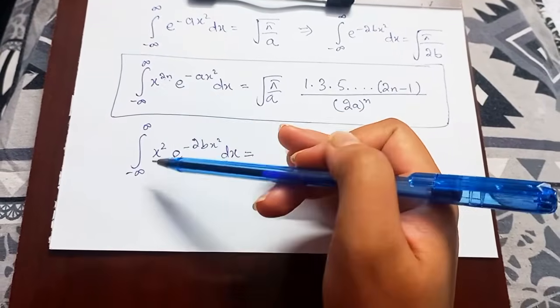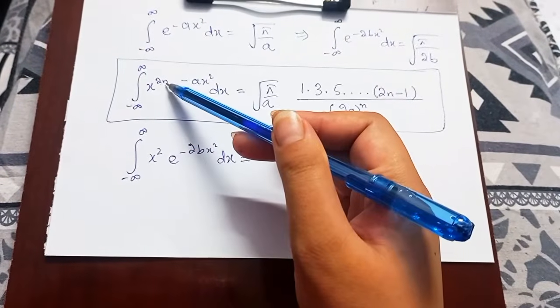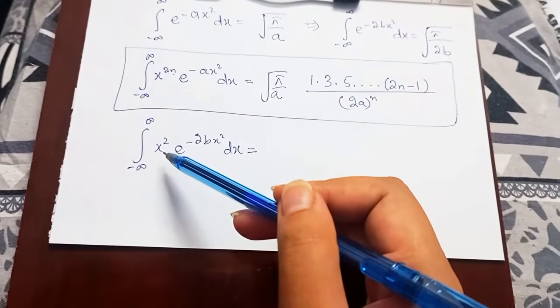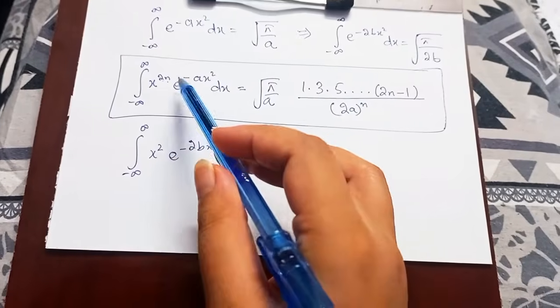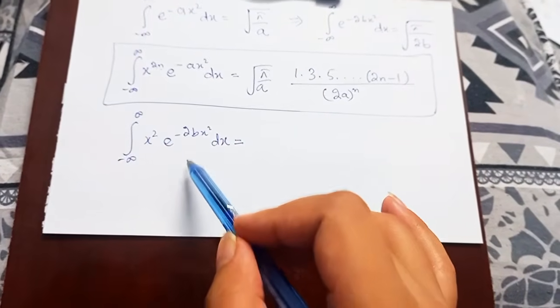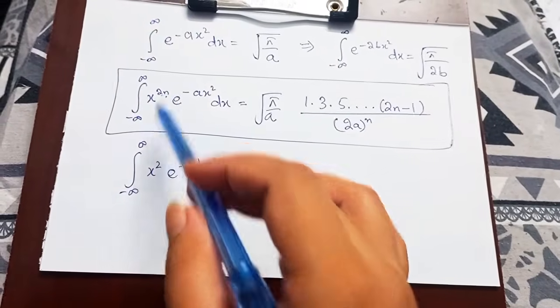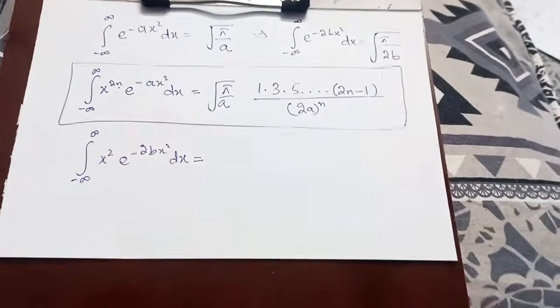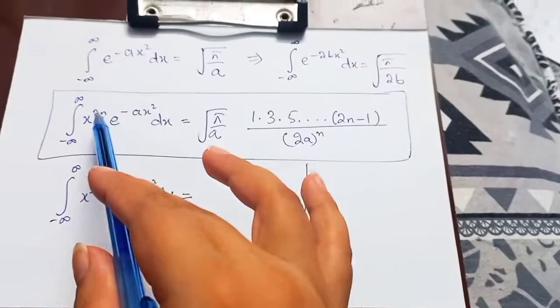So what will make it equal to x square if n is equal to 1? If n is equal to 1, 2 ones are 2, so it's x square, just like the one we wanted. So to find the value of this integral, we have to put n equal to 1 in this integration. Let us do that in rough work.